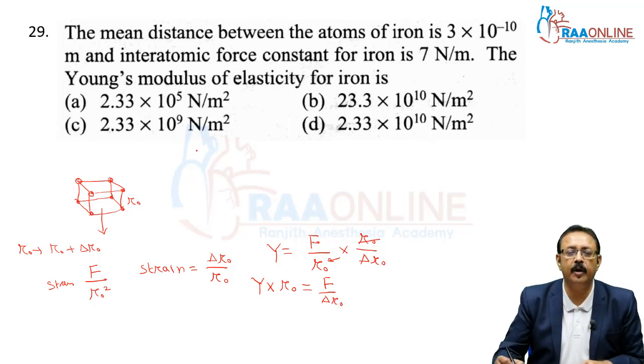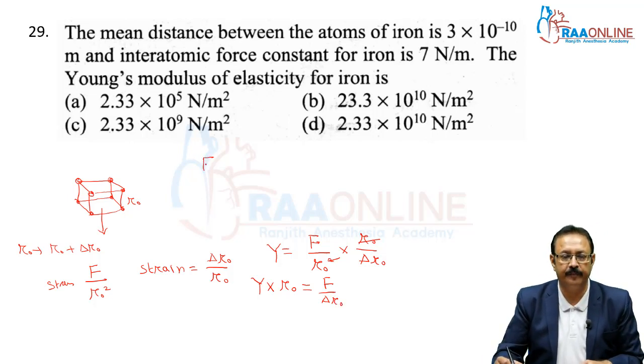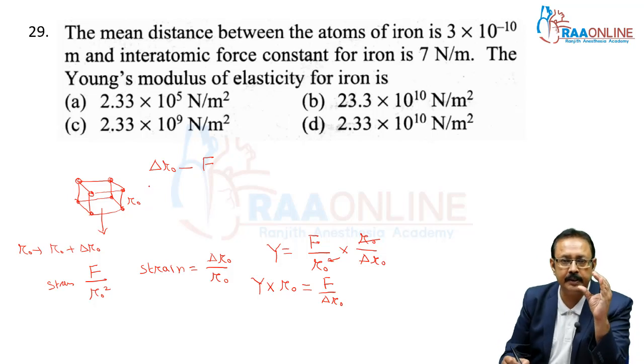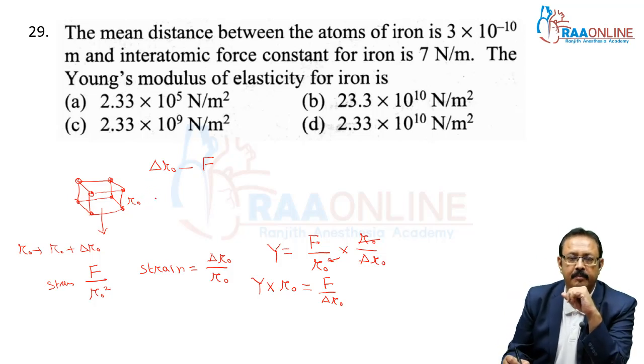I told you initially that force required for unit extension is known as force constant. It means when you apply force F, the interatomic distance is increased by delta R0. To increase the interatomic distance by delta R0, you need a force F. So for unit extension, you need a force of F upon delta R0.